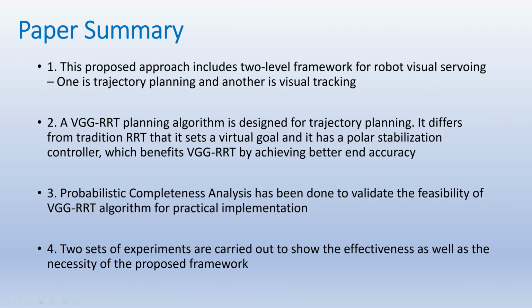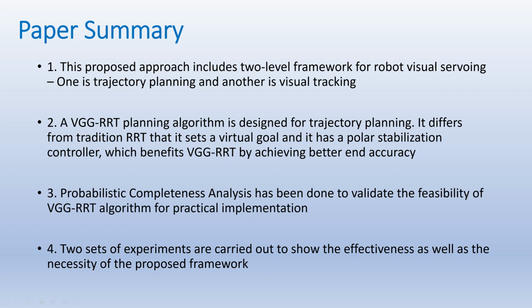And here is the paper summary. First, this proposed approach includes a two-level framework for robot visual servoing. As I explained, one is the trajectory planning, and the other is the visual tracking using a tracking-based controller.